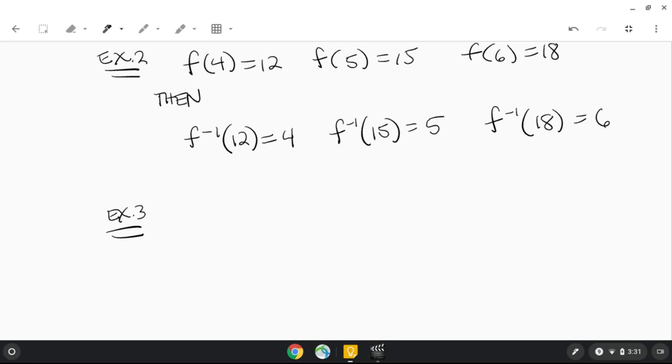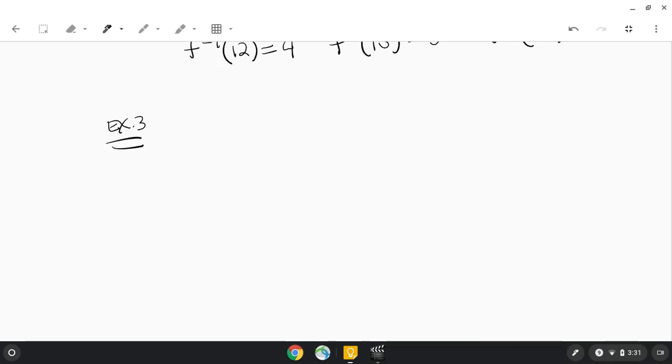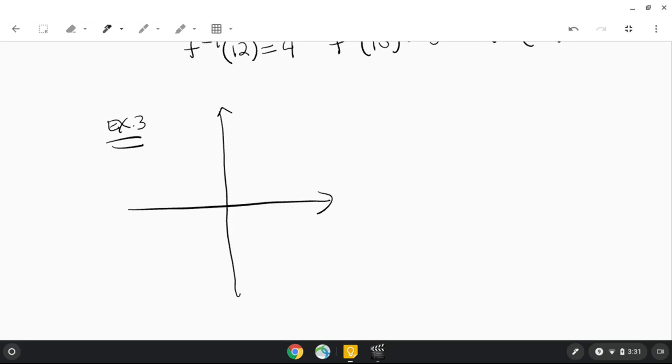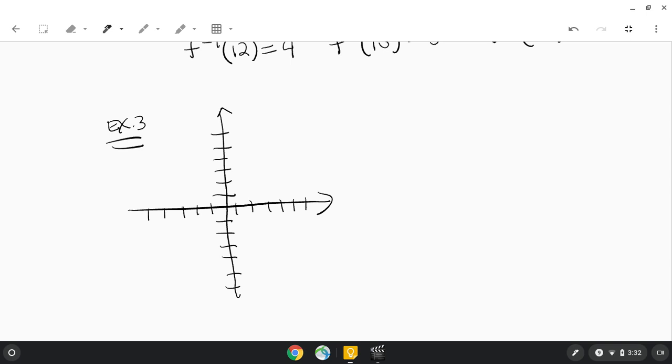Let's suppose that we have these points for your f of x. I'm going to go ahead and put some tick marks here. Suppose that your function f of x is made up of these points.